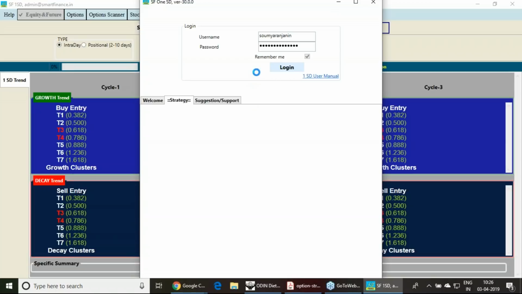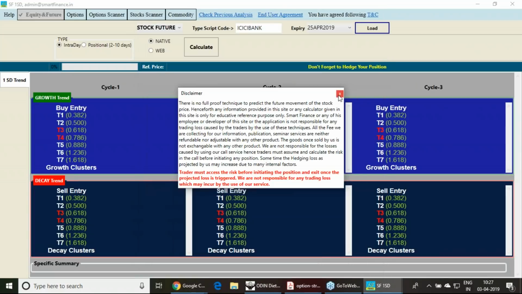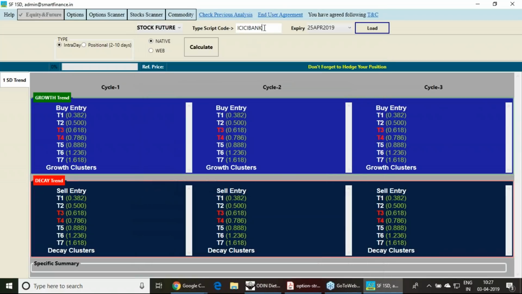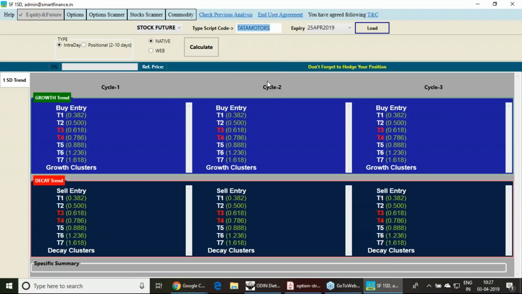We need to check the trend, and you can follow any method of your choice. We are following our one standard deviation software. This is a very good software to identify intraday as well as weekly trends. Here I am going for Tata Motors, and I am going for positional options.